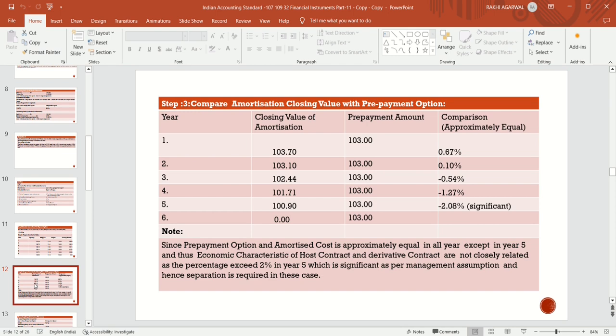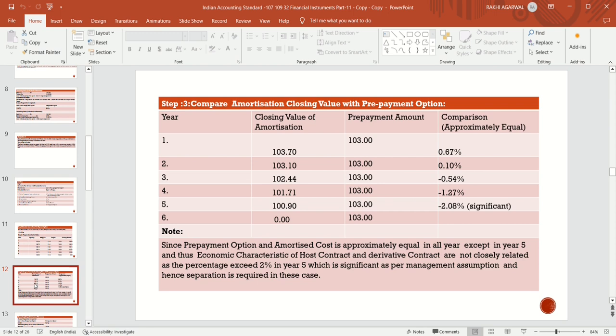So the comparison is 103.70 minus 103 crores divided by 103.70, it becomes 0.67%, which is approximately equal.